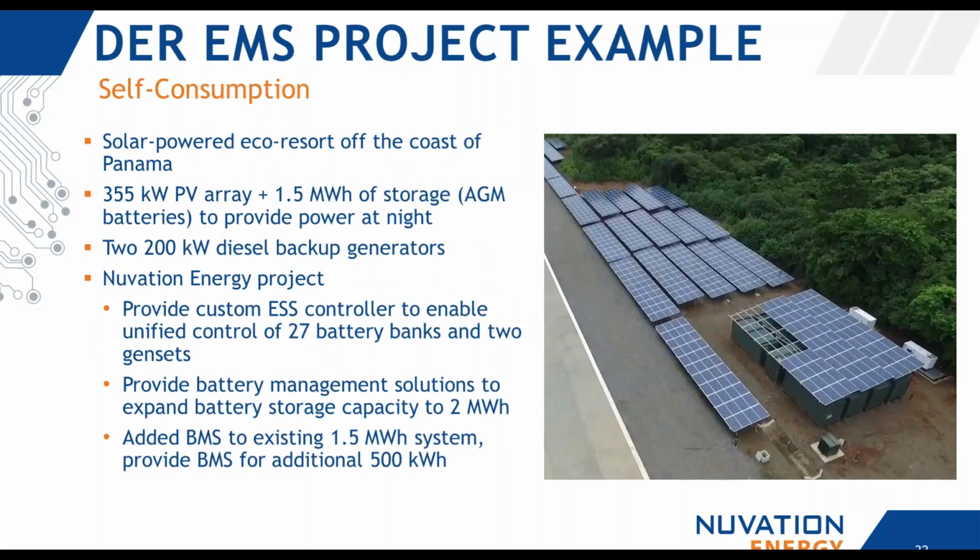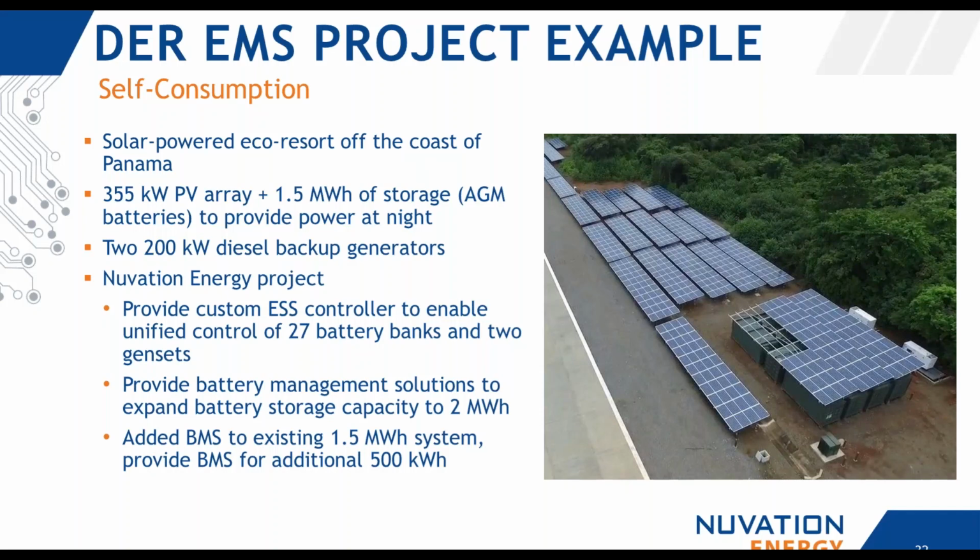Here's another example of a system that Nuvation put in. This is a solar-powered resort off the coast of Panama. Nuvation installed a BMS system to control the old batteries, as well as installed brand new batteries from a different supplier.